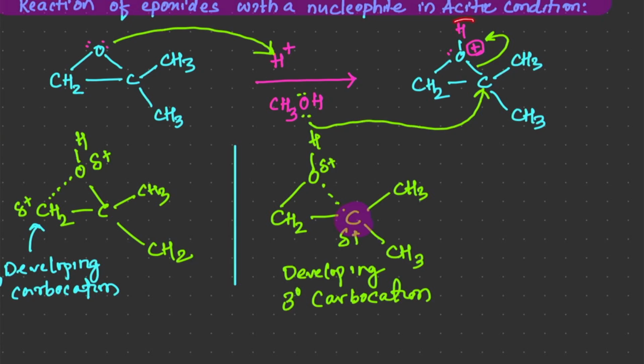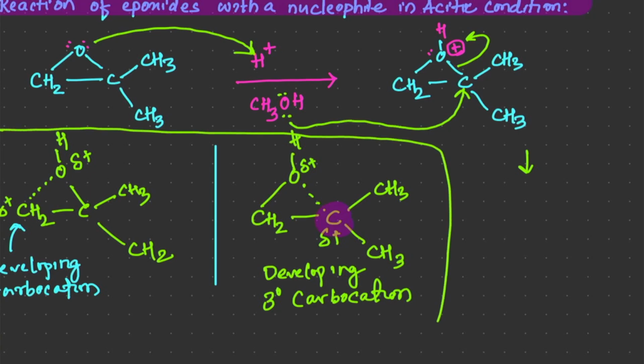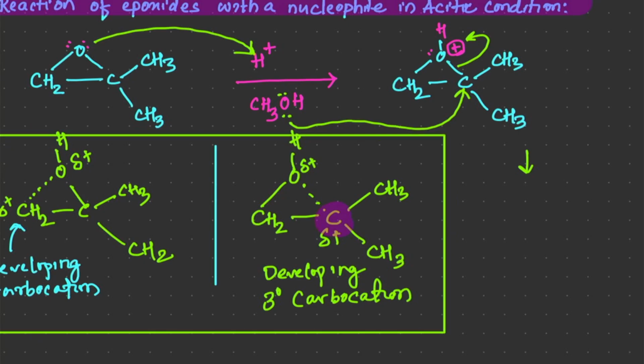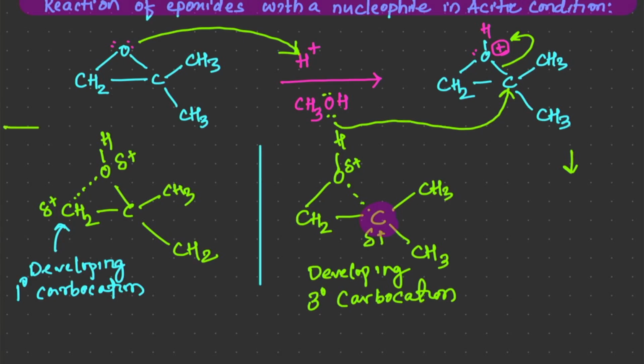By adding that extra proton, you're trying to develop a positive charge. Well, not you, the molecule will decide which one is more stable. So that's where it would go. Just a rule of thumb, in acidic conditions, the nucleophile will go towards the tertiary carbon atom.